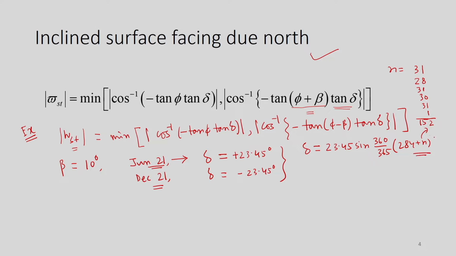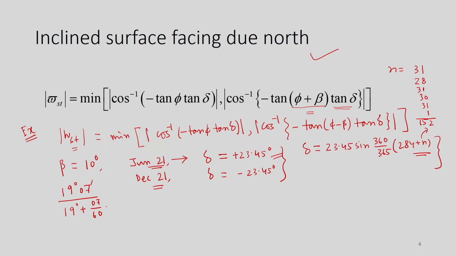So, we can use this expression for calculation of delta, otherwise we can use the plot that we have discussed before. And if we know these values, we also need to know the location. If we consider a location having latitude 19 degree 07 minute, that can be converted into degree: 19 degree plus 7 divided by 60.